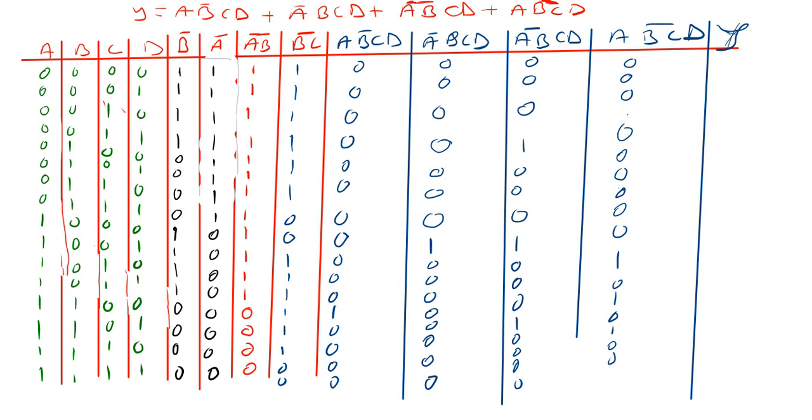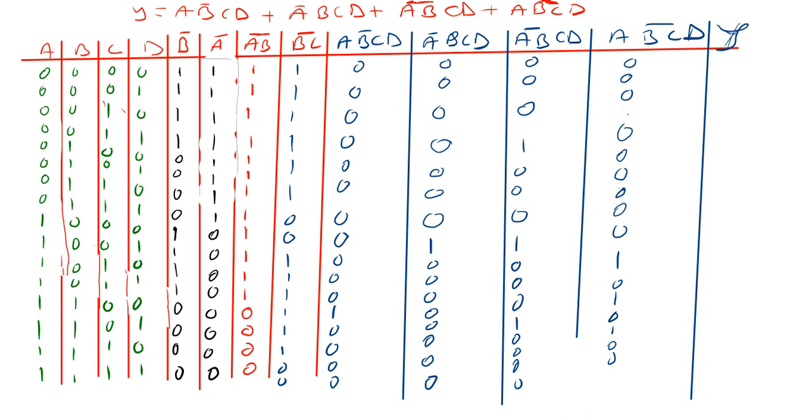Then for the output y, now what you do here, as you can see, we have constructed for each term that we have in the equation. Because the terms have been added, you use the OR operation, which says if either is 1, we get a 1.